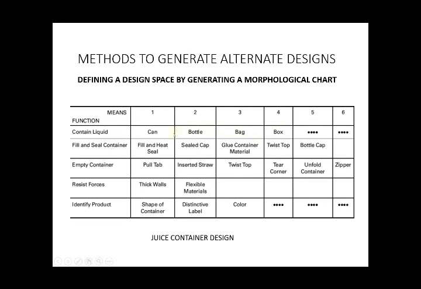So these are the possible means by which we can define this function. Then filling and sealing the container. How to do that? Fill and heat seal can be used, or a sealed cap, or a glue container material, twist top, bottle cap. So all these are the options for filling and sealing the container.